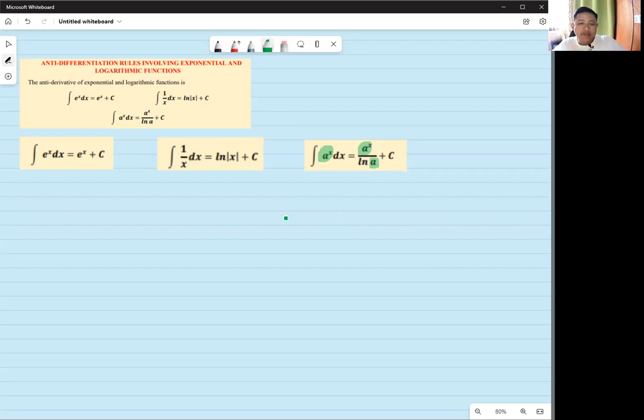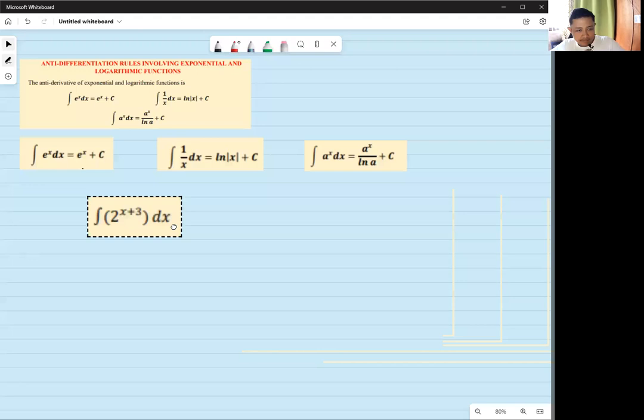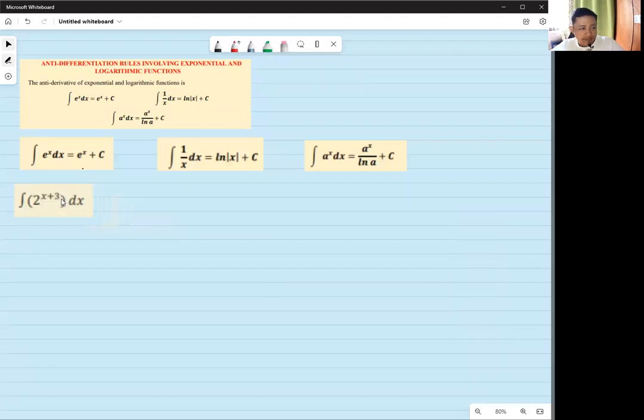Okay, let's have some examples here so that these rules will be clearer for us to understand. Let's take a look at this example. Okay, there you go.